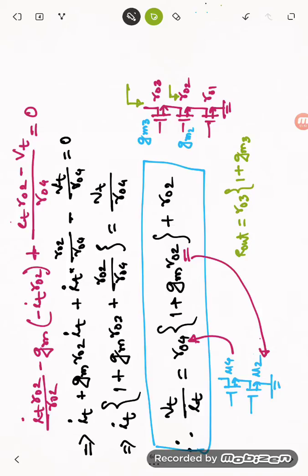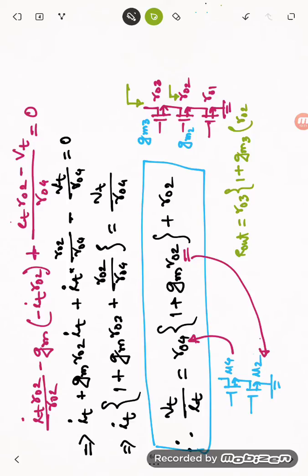Last time you had only one MOSFET, R02, but right now you have a cascade of R02 and R01.